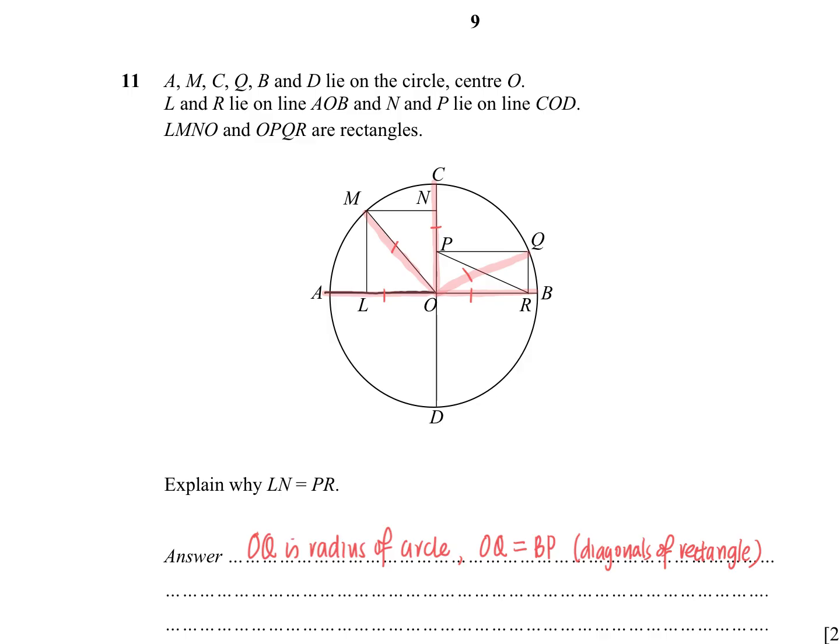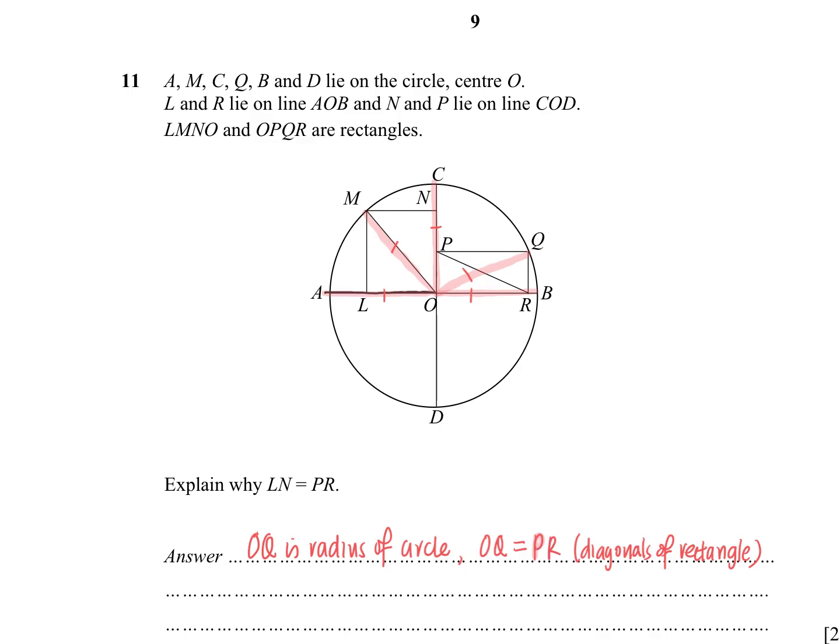Why got R and B there? Oh, I used the wrong one. It's OQ and PR.